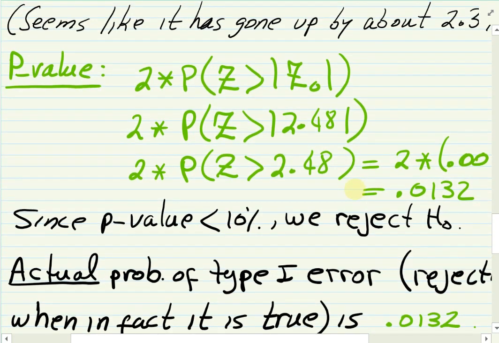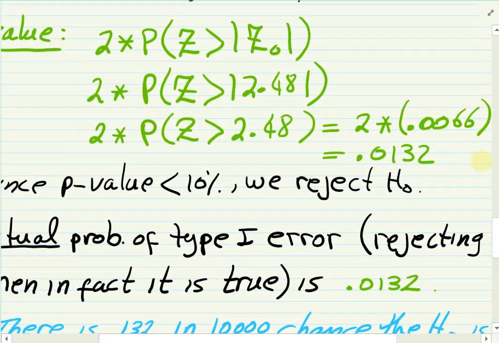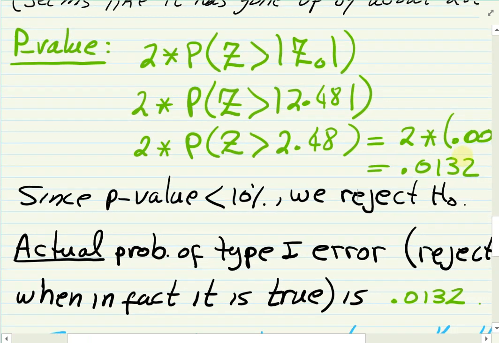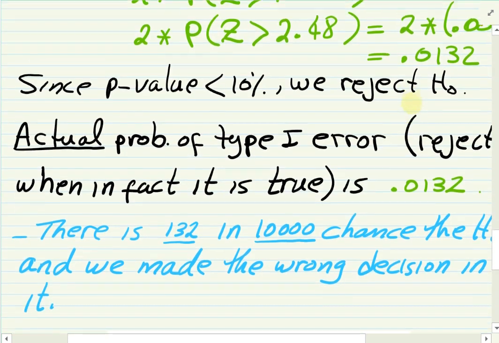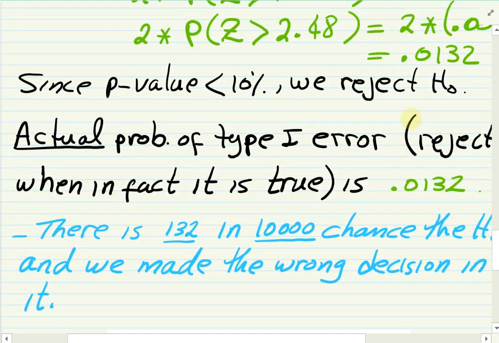And one thing that the p-value tells us, it gives us the actual probability of a type 1 error. That is rejecting the null when in fact it's true. That's 0.132. Again, to put that in context, that's what this means.